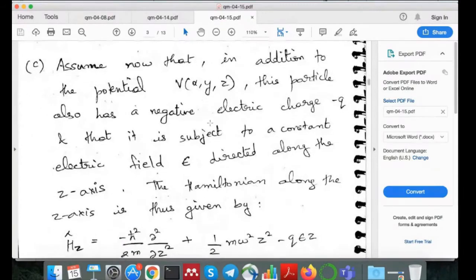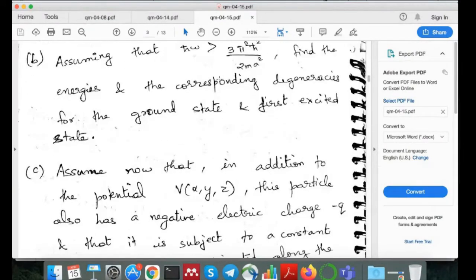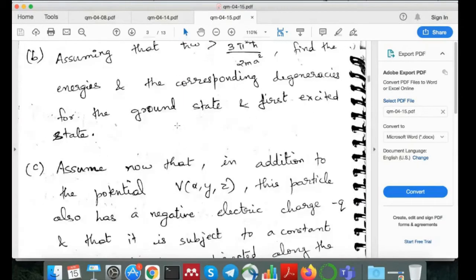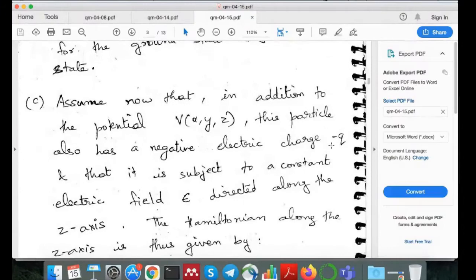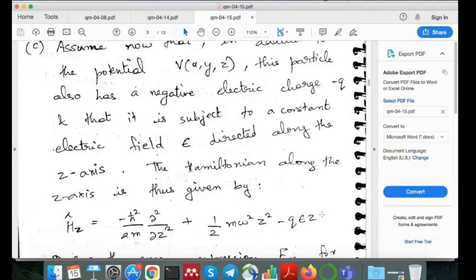Then the third question is, assume now that in addition to this potential, the particle also has a negative electric charge minus q, and that it is subjected to a constant electric field epsilon directed along the z-axis. The Hamiltonian along the z-axis is thus given by this.